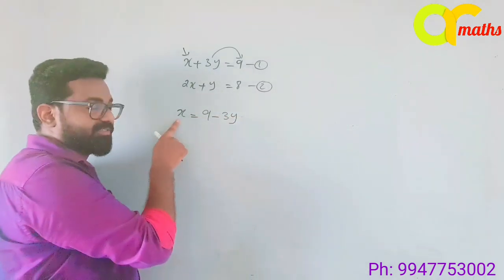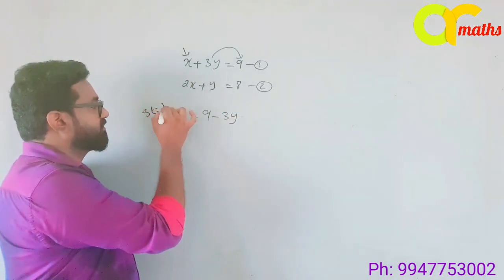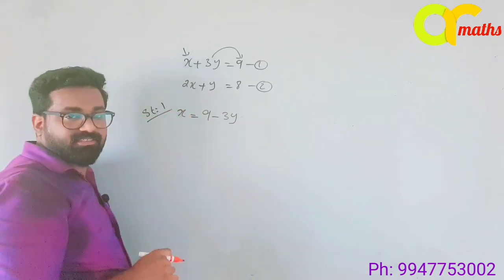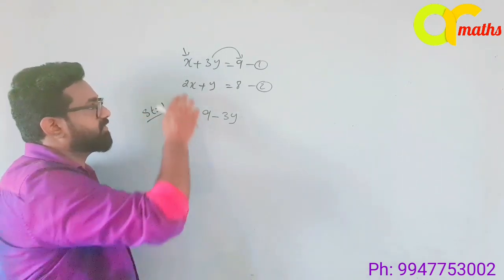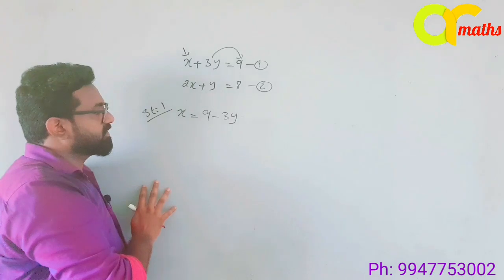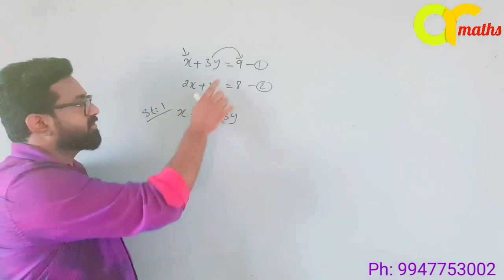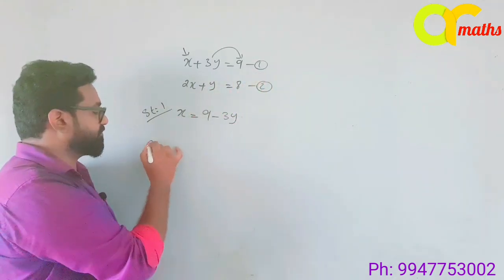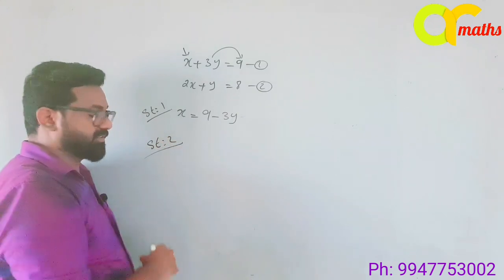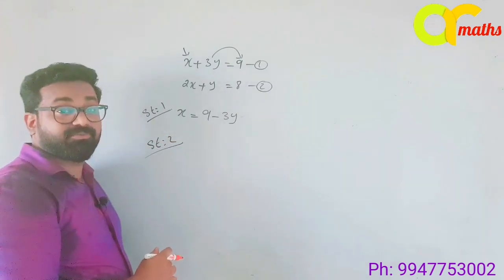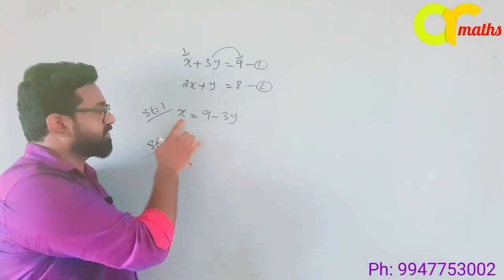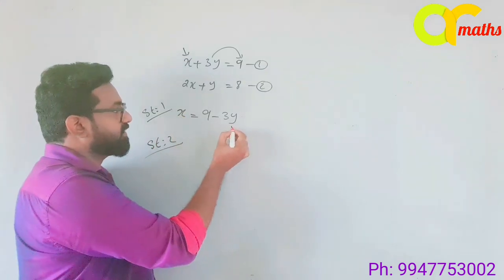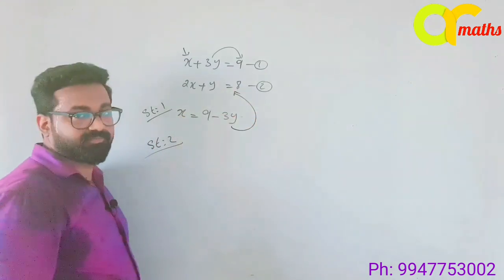What is the first step? Step 1: find x or y from any equation. So we find x equal to 9 minus 3y. Then step 2. What is our method? Substitution method. So just substitute this x in the next equation.